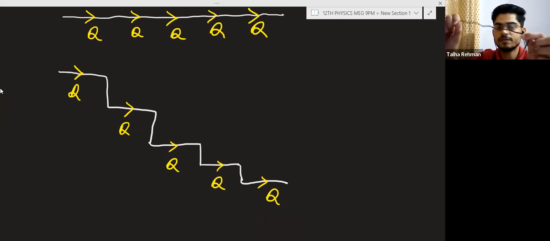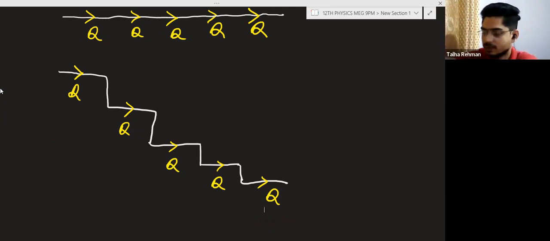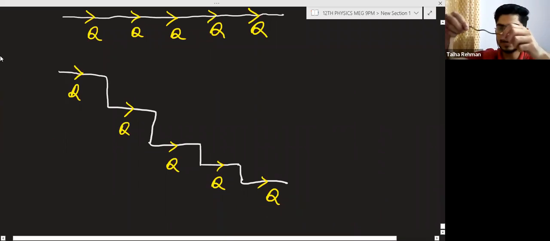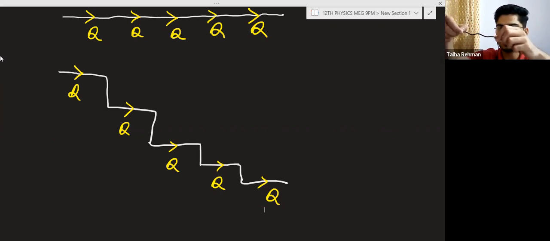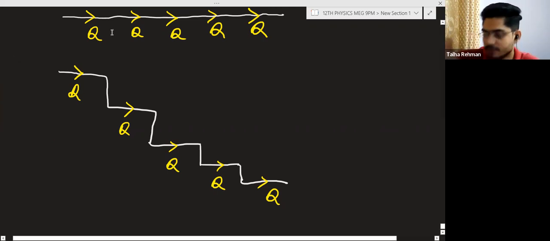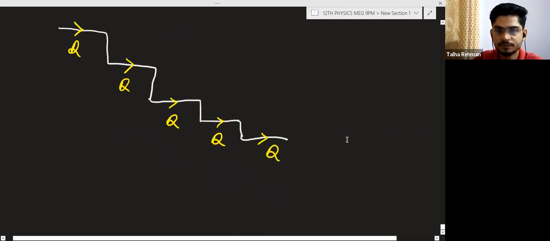Now, if I fold this wire like this, the charge will not change, right? The flow of charge will remain the same in this wire. But what if I connect this wire to some other wire? Then from this point the charge will be divided.